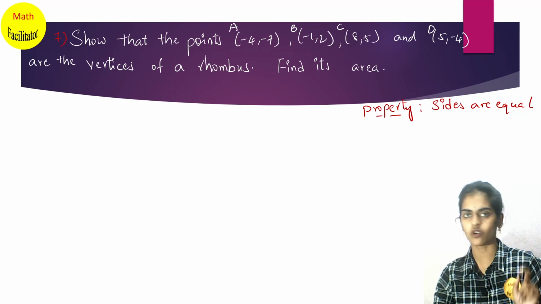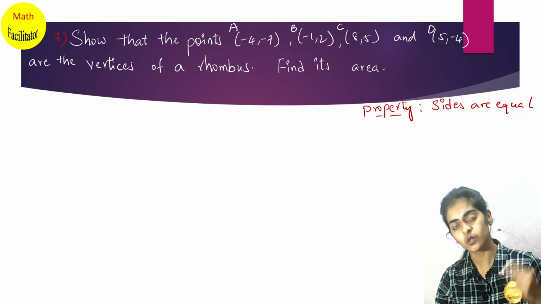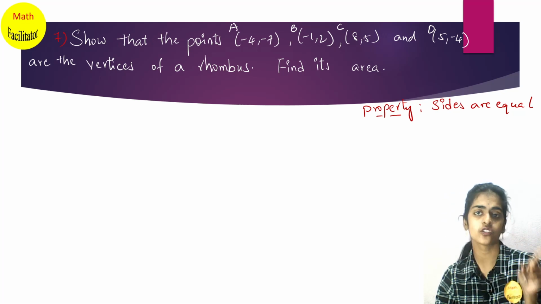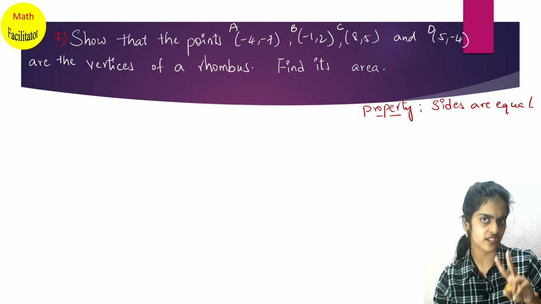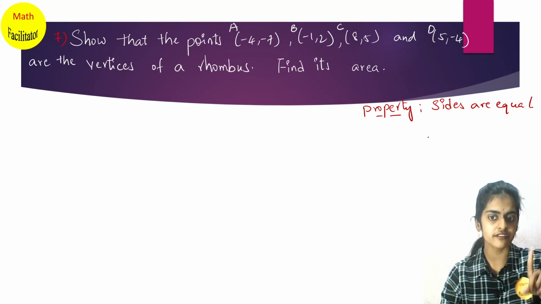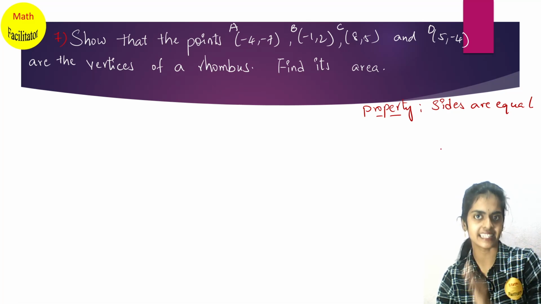There you will find that all sides are equal. Second point is, you will say that the diagonals are also equal, because in a square diagonals are also equal. So that is two extra points you will do. But here for a rhombus, it is sufficient to prove that the sides are equal.